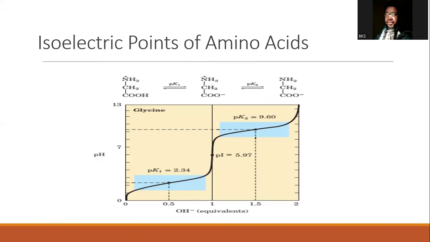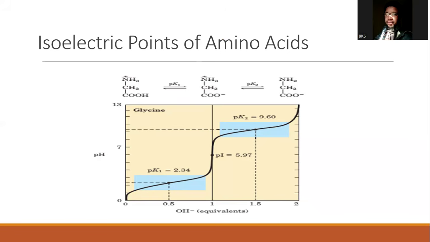As you keep on adding sodium hydroxide, you reach a basic pH. Then you reach a stage where you have the amino group existing either as ammonium, with the positive charge, or as the neutral NH2. So within that, you have this linear region, and at the middle of that linear region, you have your pKa.